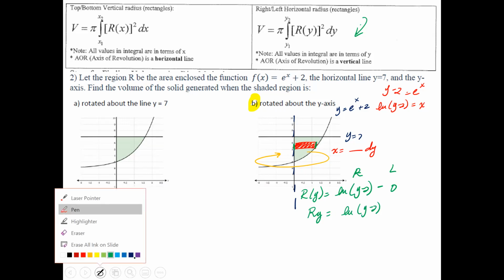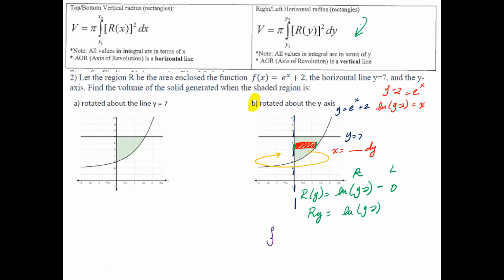So let's go ahead and plug this into the equation. Volume equals pi. If you look at this, it appears that it is going from 0. Or actually, I'm sorry, it's not going to be from 0 because, let's see, the horizontal line is y equals 7. Because when you're looking for the interval, it has to be in terms of y's, like that.